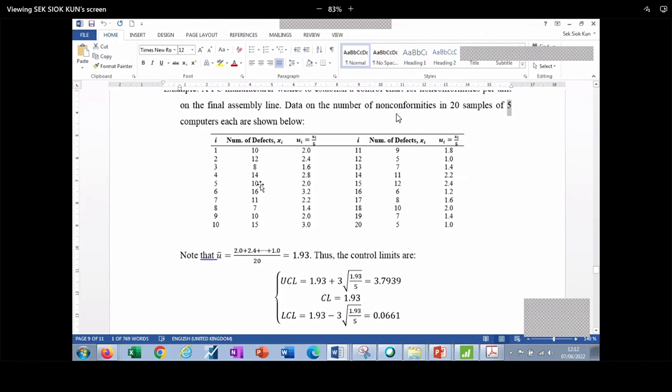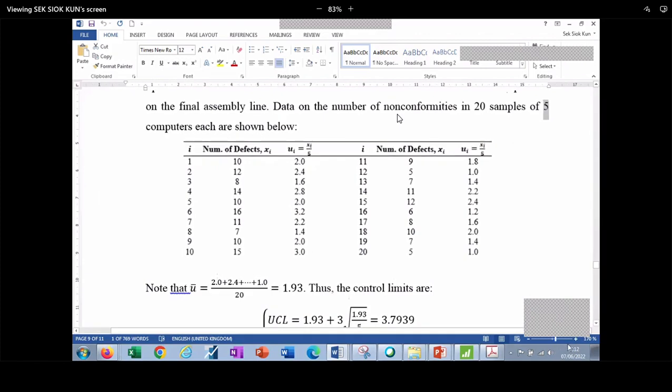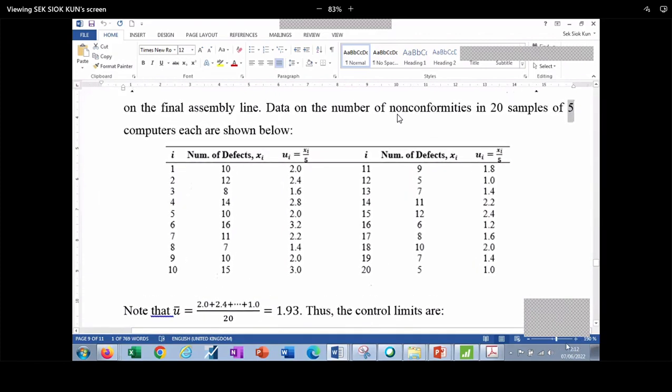Okay, so from here we need to calculate ui, but here it is a constant sample size, so we divide by 5. So ui is the non-conformity per unit.